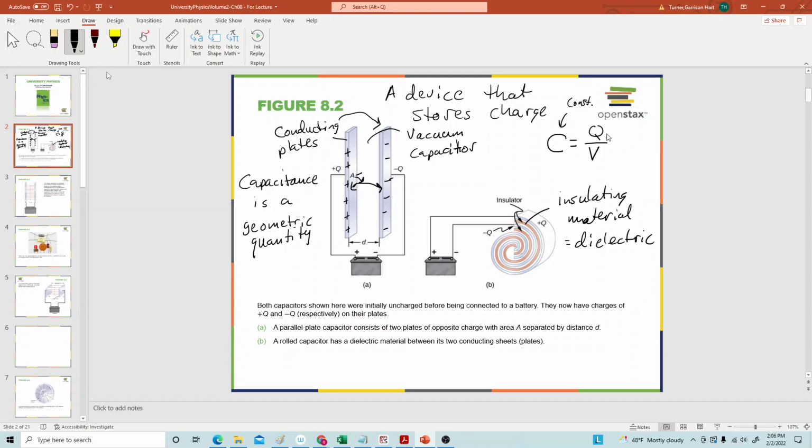So as you adjust your voltage, you will adjust the amount of charge on your plates. That's what this equation is telling you. Okay? So C is equal to Q over V. If you have a parallel plate capacitor, then the value of capacitance is equal to epsilon naught A over d. Okay?